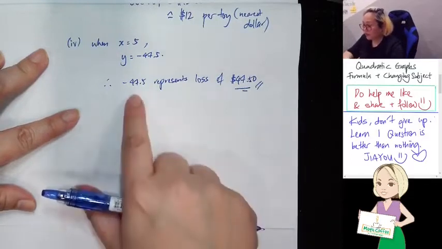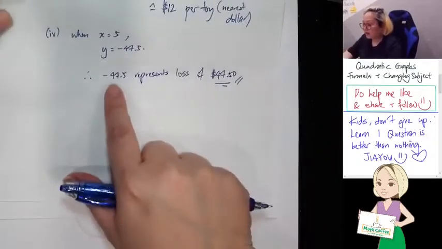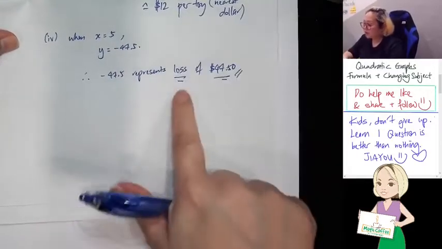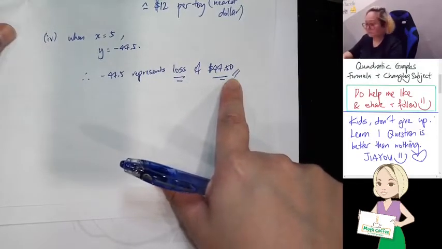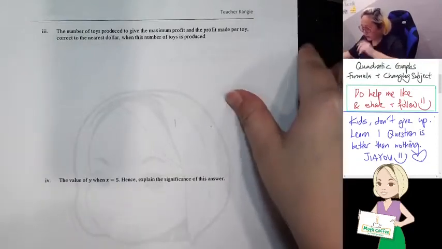Because they ask you what is the significance of this answer, you have to say negative 47.5 represents a loss. This is the keyword: a loss of $47.50. Good that you understand now.